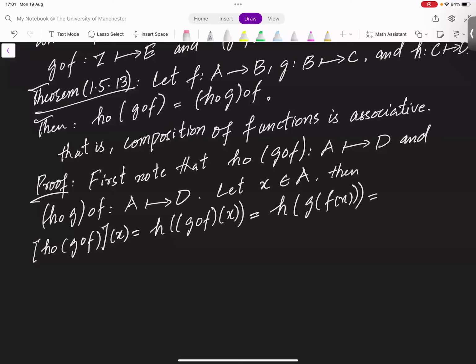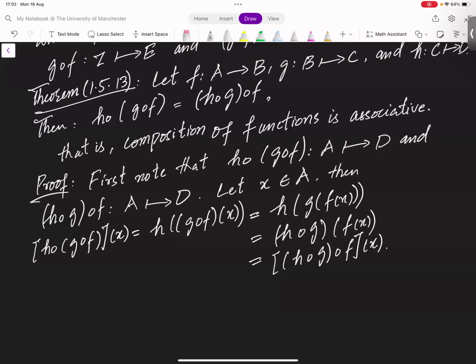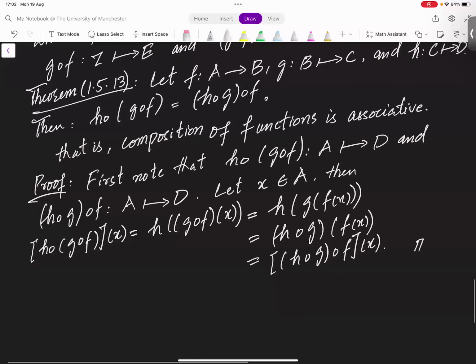And this can be written as H compose G of F of x. And this can be written as H compose G compose F of x. And so it is proved.